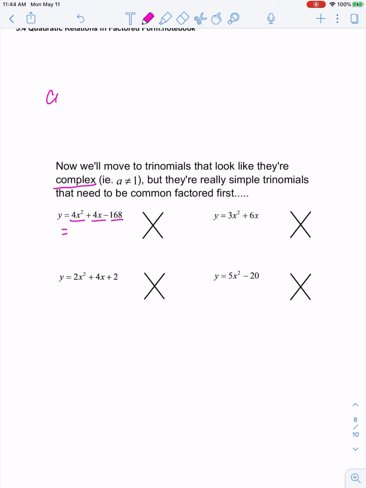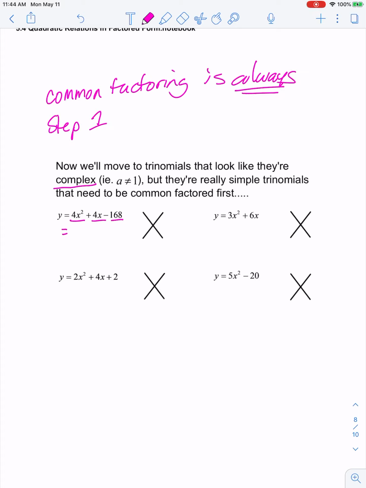Common factoring is always step 1 to factoring. If you can common factor anything at all, variables, numbers, anything, you do that first.